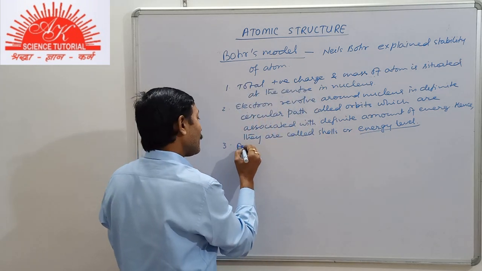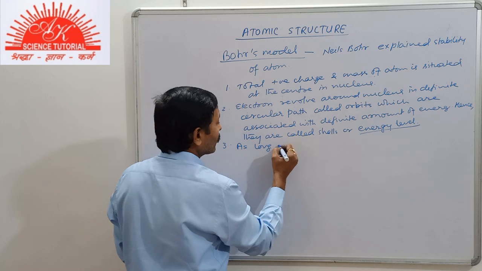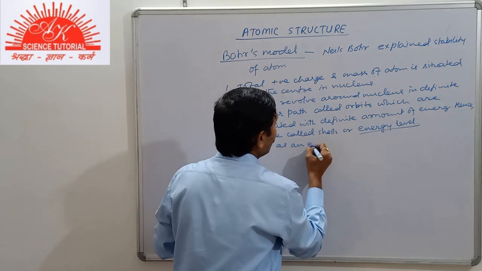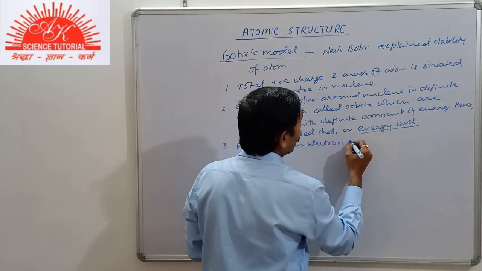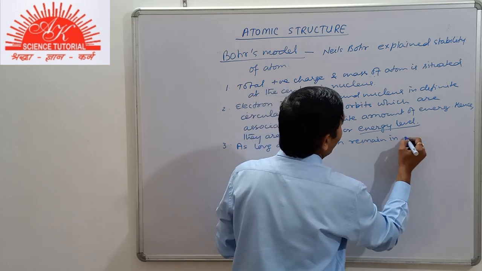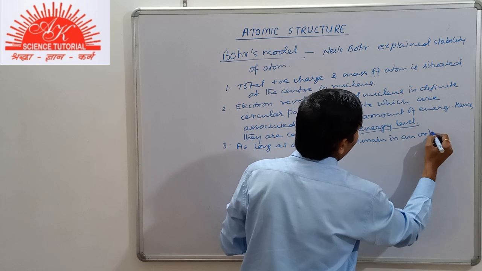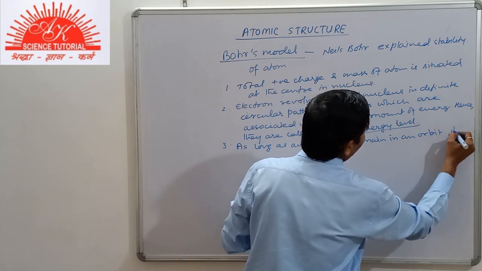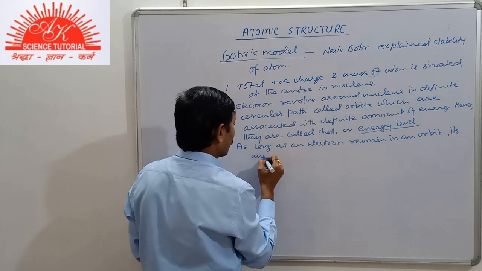Third, as long as an electron remains in an orbit, its energy remains constant.